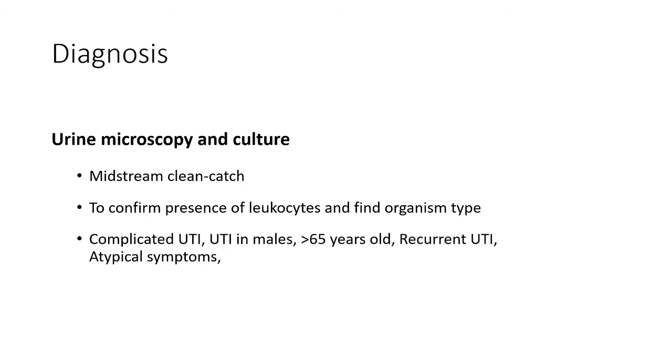These include complicated UTIs, all males with a UTI because they often tend to have complicated UTIs, patients above 65 years of age, recurrent UTIs, and cases with atypical symptoms such as poor urine flow, abdominal mass, raised creatinine, or infection with pathogens other than E. coli.